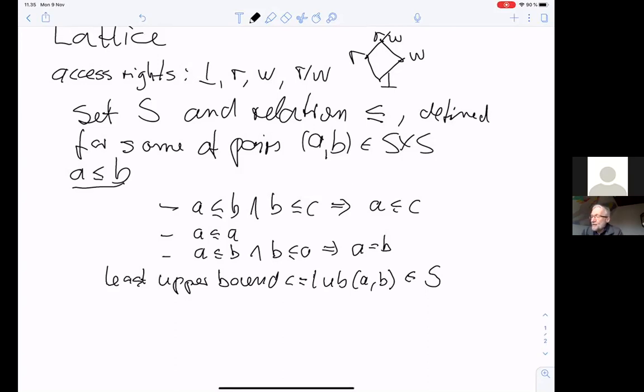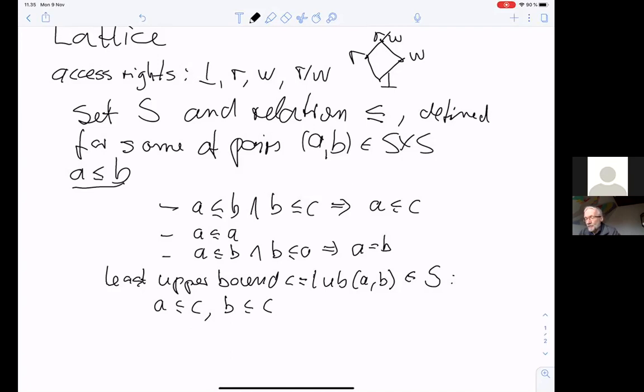What this least upper bound must satisfy is the following: first of all, it's an upper bound, which is clear, that A is less than or equal to C, and also B is less than or equal to C. So C is above both A and B in my ordering of the set.